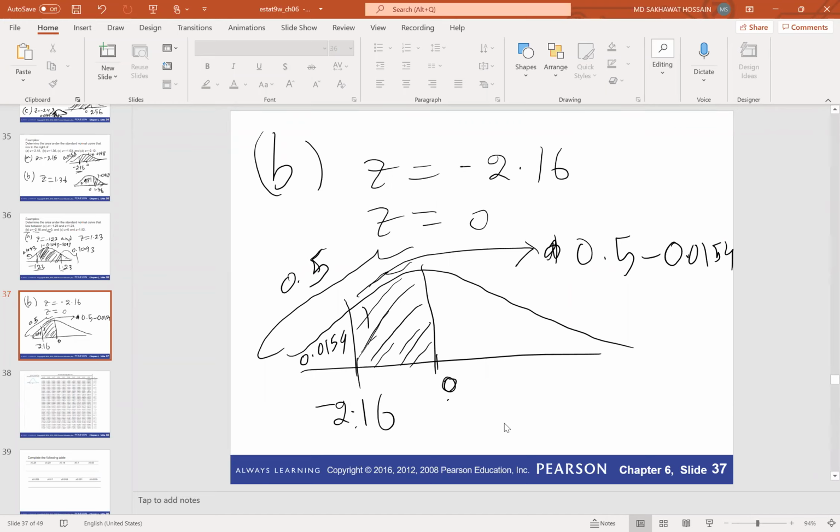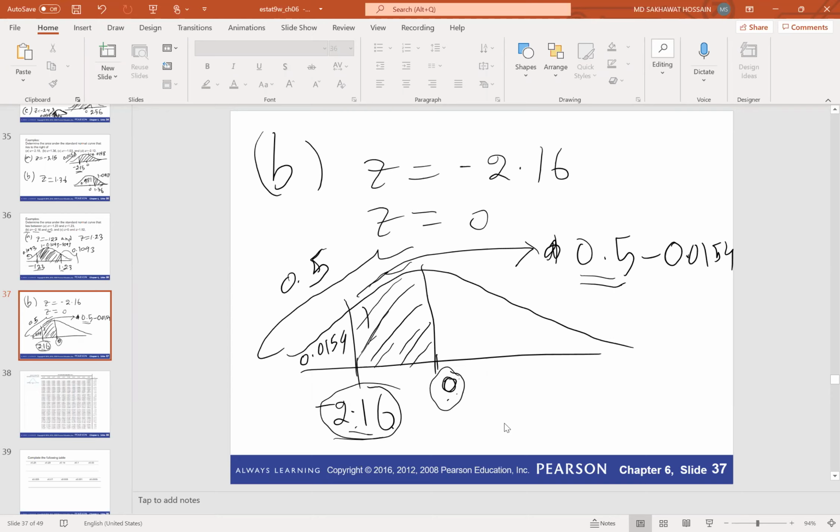So the idea is, when you calculate the area between two numbers, first look at this number and find the area, minus the area for the other number. For 0, the area to the left is 0.5. For negative 2.16, the area to the left is 0.0154.